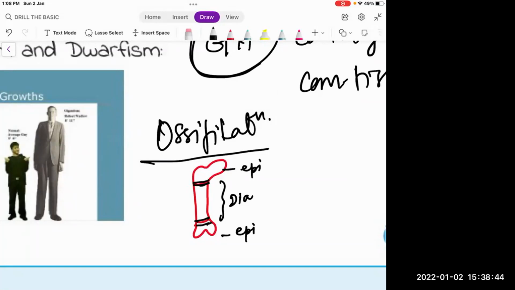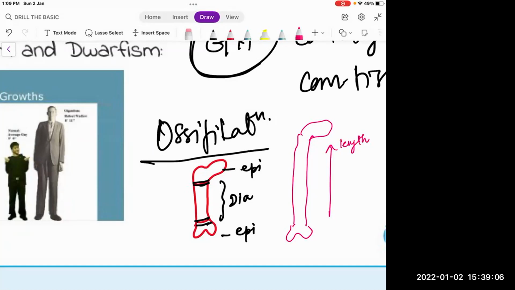So if there is excess of growth hormone before the fusion of epiphysis with the diaphysis, it results in an elongated bone. So instead of this normal bone structure, you have the elongated bone structure. So this increases the length of the bones.